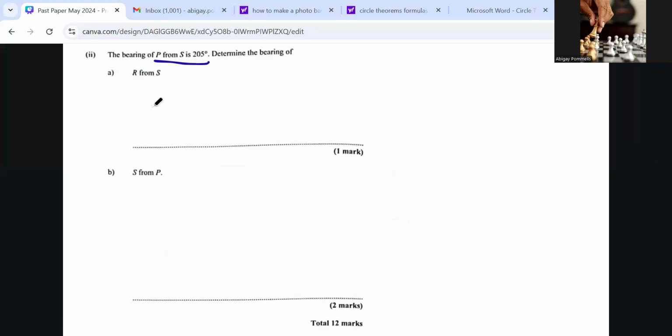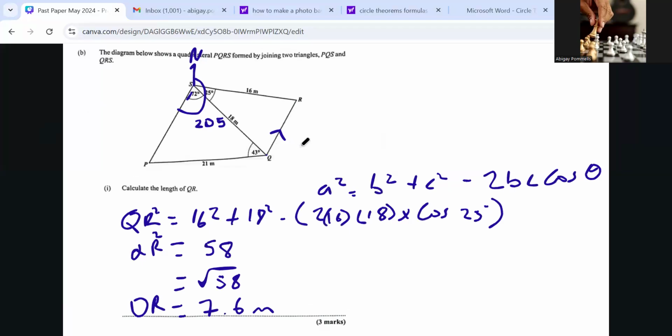205. Okay. So you're supposed to determine R from S. Okay, so that means right here. So all I have to do now is add up 72 and 25.